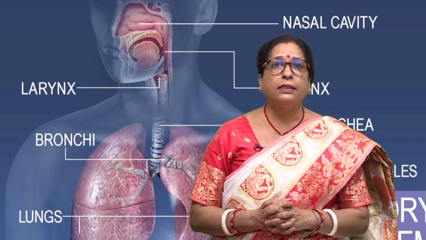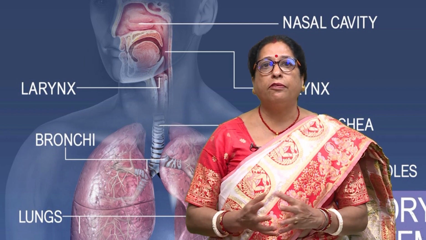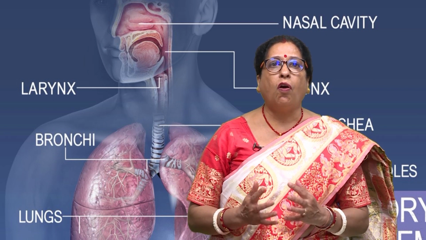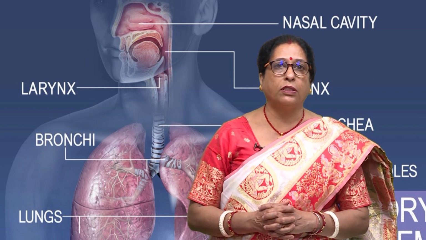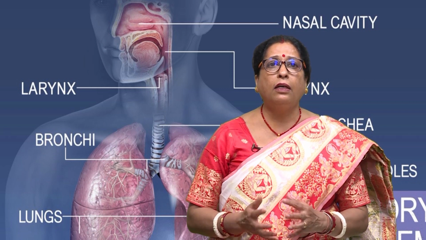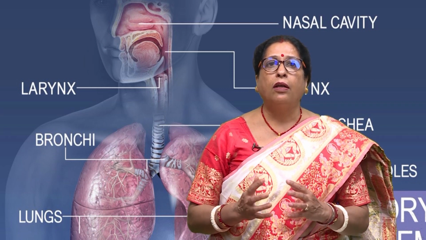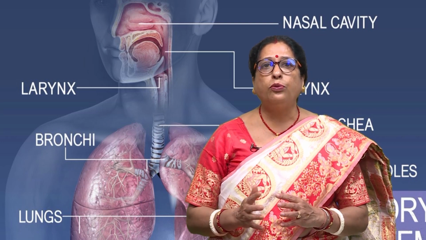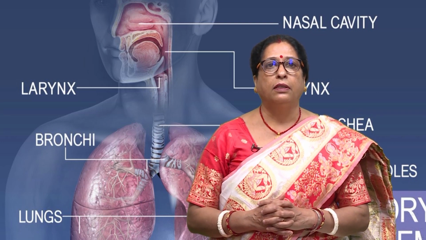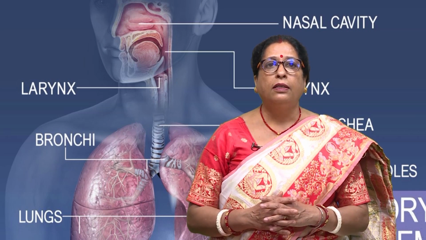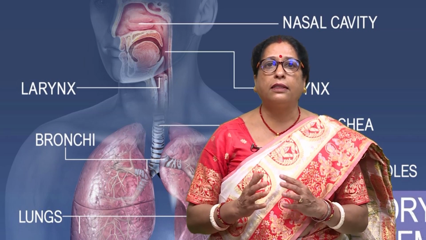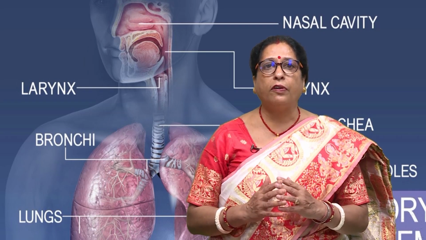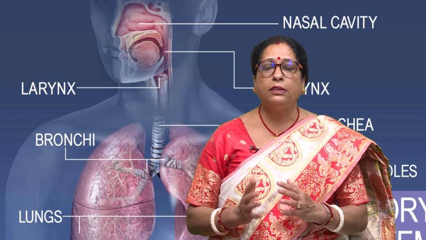Then capillaries, the blood vessels in the alveoli walls that move oxygen and carbon dioxide. Lung lobes are sections of the lungs, three lobes in the right lung and two in the left lung. Then pleura, thin sacs that surround each lung lobe and separate our lungs from the chest wall.